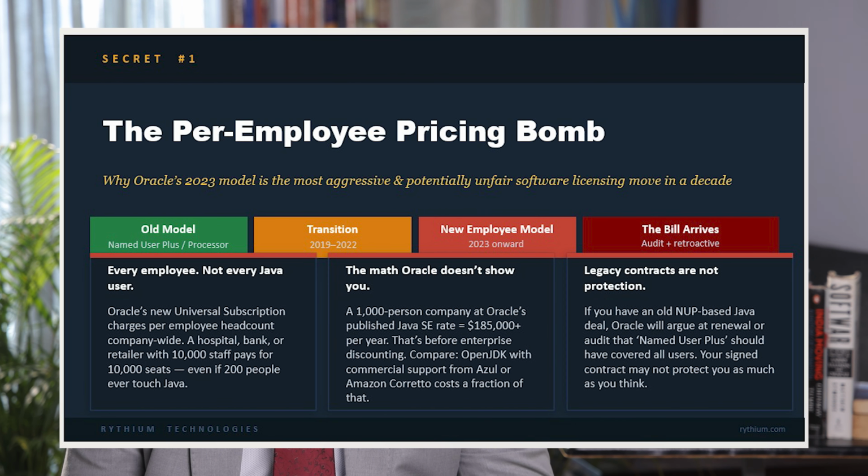Before 2023, Oracle's Java pricing was based on the people who actually use Java. Even though I believe end customers should not pay for Java, at least it was being fair. In 2023, they changed to a model based on everyone in your company, every single employee, whether they have ever opened a Java application or not.